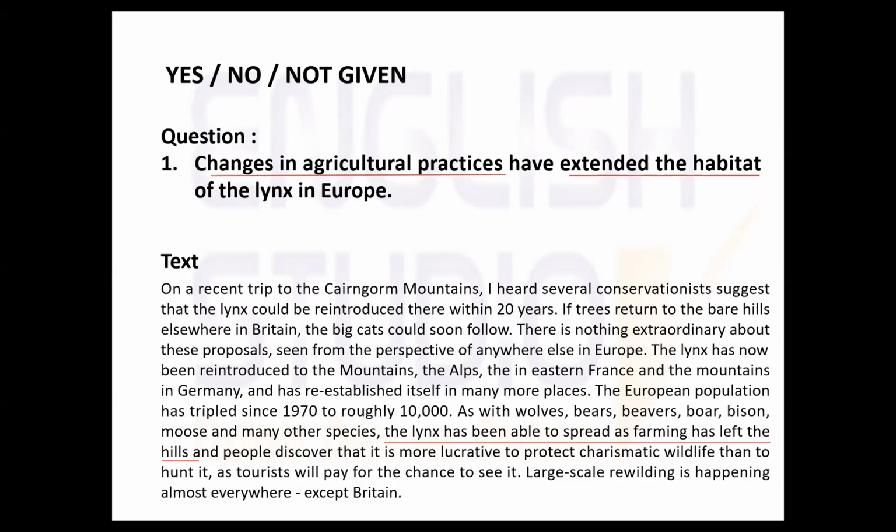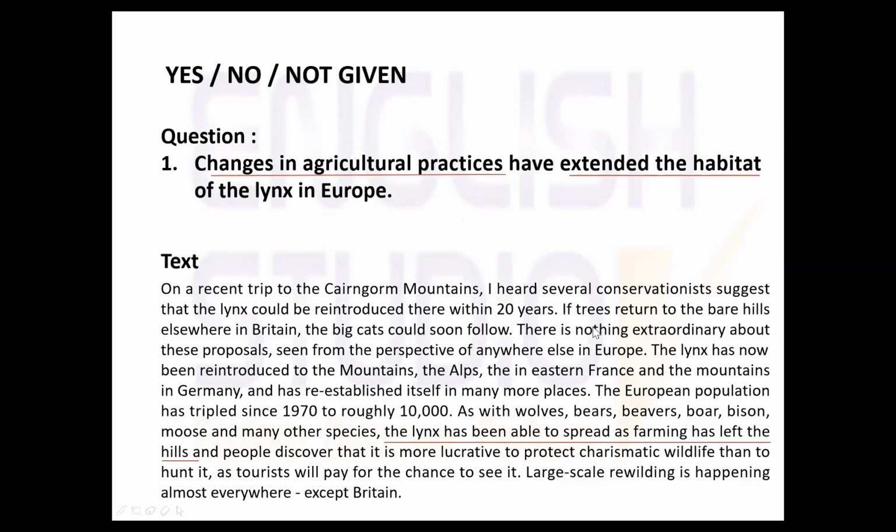Oh, large scale ini kayaknya berbeda ini ya. Berbeda apa yang ini nggak directly terkait dengan ini, related to our statement. Kalau dibaca secara keseluruhan, coba kita baca ya. On a recent trip to the Cairngorm Mountains, I heard several conservationists suggest that the lynx could be reintroduced there within 20 years.